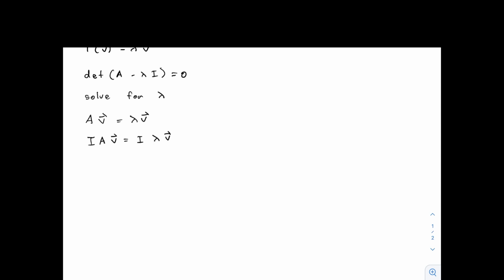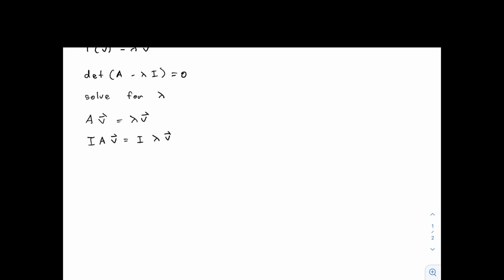Well, I times A, where I is your identity matrix, didn't really change anything, right? We still have the matrix A. However, on the right side, if we do a bit of cleanup, then we get to a matrix multiplication, and that will help us in 1 second.